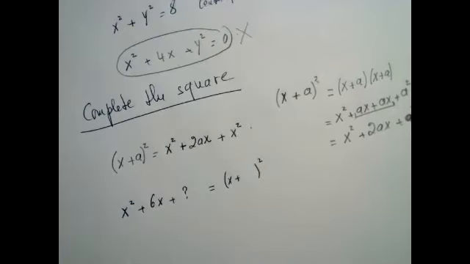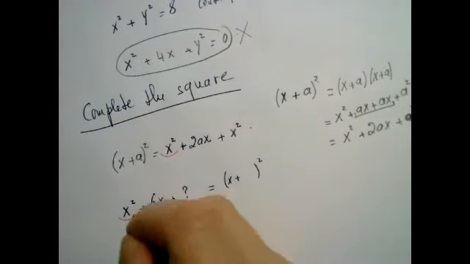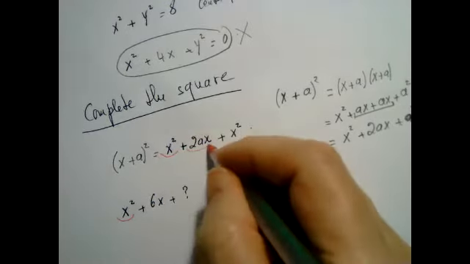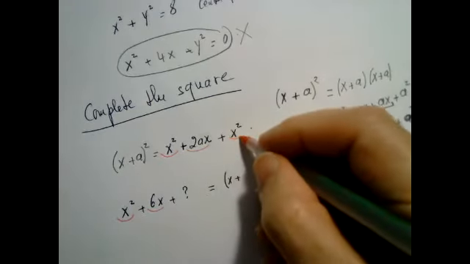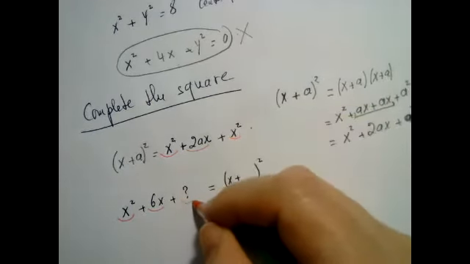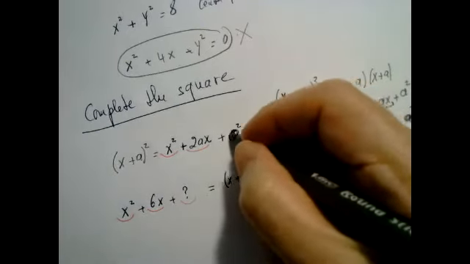Anybody can see it? Pure analogy. This is x squared, that should be this. This 2ax, that should be that. And this a squared, what should be here?